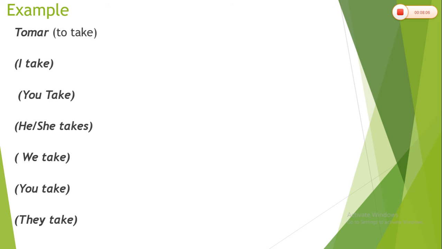Let us take one example. Tomar means to take. Again, it's an AR verb. So the endings, you know what they should be according to our table. Yo tomo means I take. What should it be for you take? Tú tomas. What should it be for he, she takes? Take your time and let me know. Él toma.